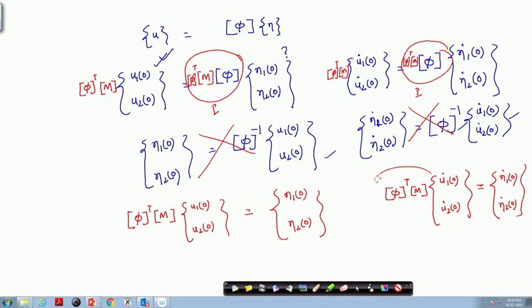So, this is just simple multiplication of two matrices, which can be easily found out, in contrast to the inverse of a matrix. I can easily find this product, and therefore, I can know the initial conditions on eta.